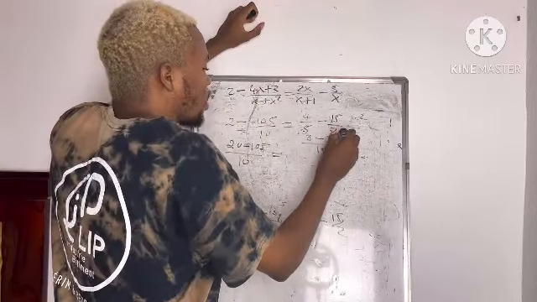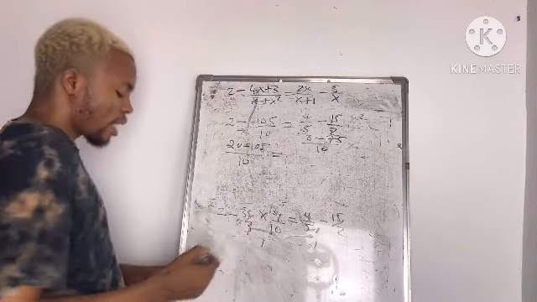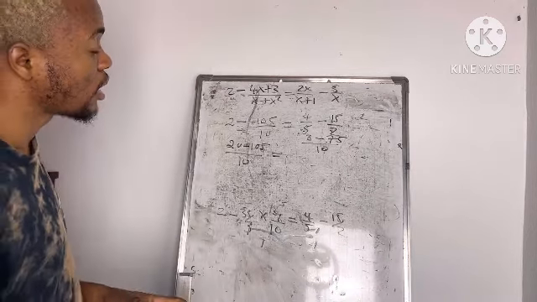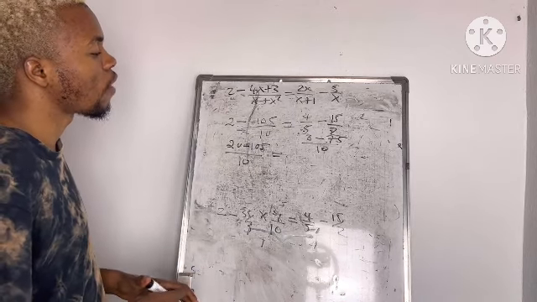So that being said, 8 now minus 75. 8 minus 75 gives you 67.